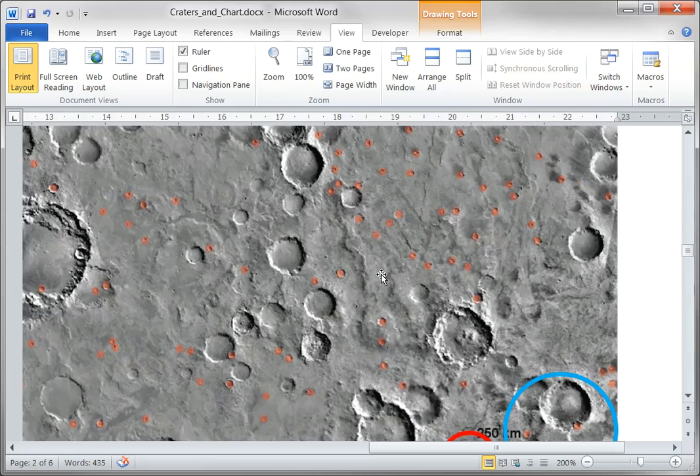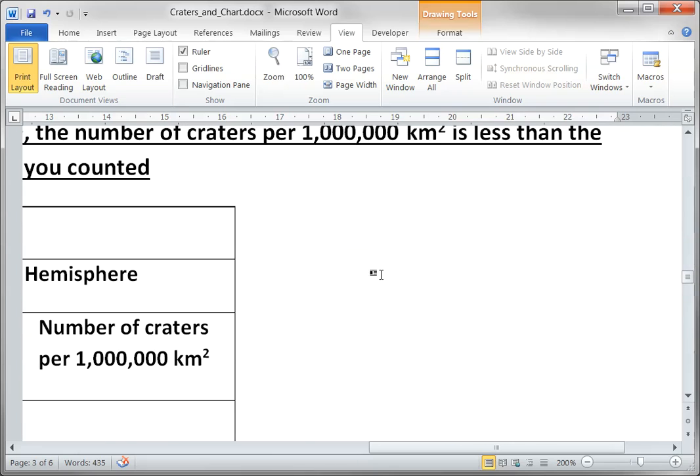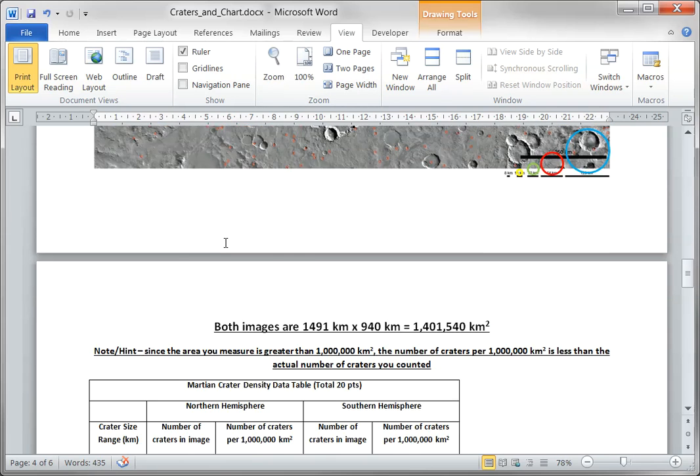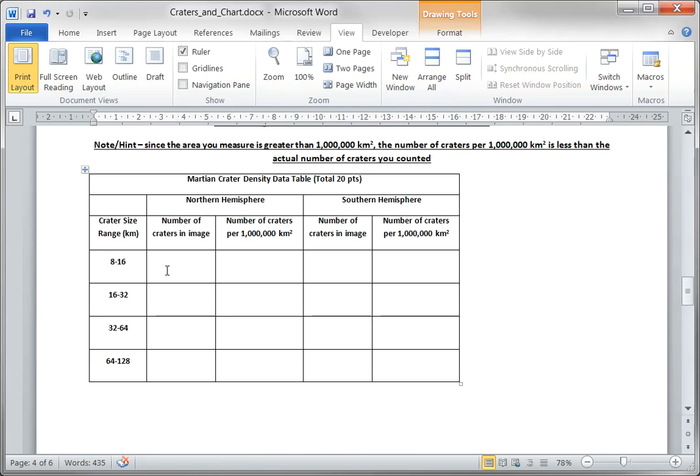Let's say you had counted, we'll look at this table here. If you, for example, had 100 craters in the 8 to 16 kilometer size range, you enter 100 in this cell.